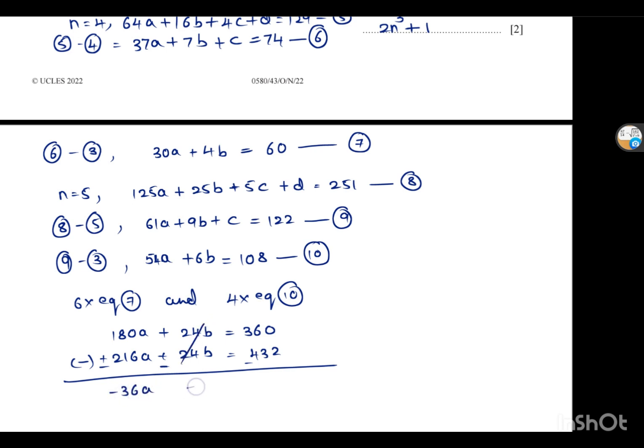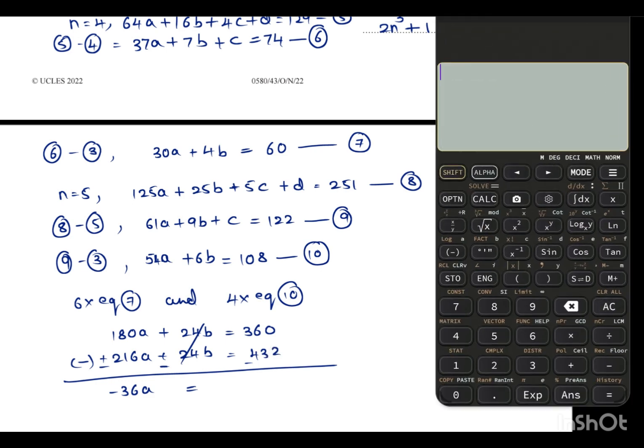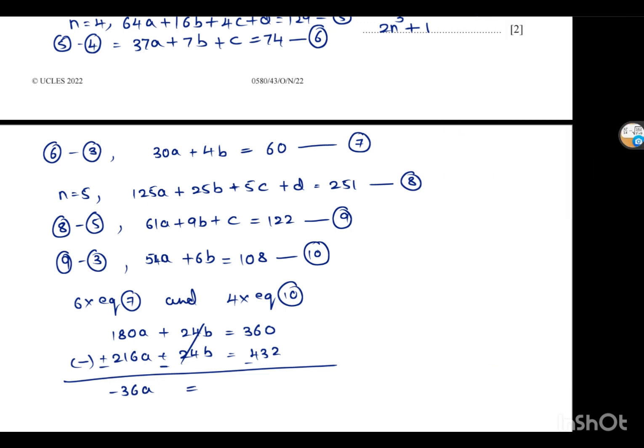The 24b gets cancelled. It is equal to 432 minus 360, which will be 72, negative 72. Both the negative signs can be cancelled out.